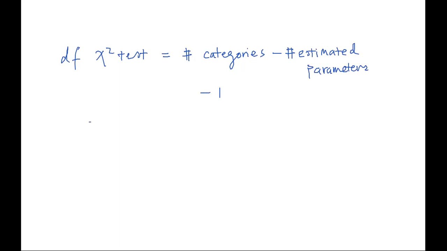So here in this case, you have 5 categories. You have 2 estimated parameters and then subtract 1. So you should have 2 degrees of freedom only.